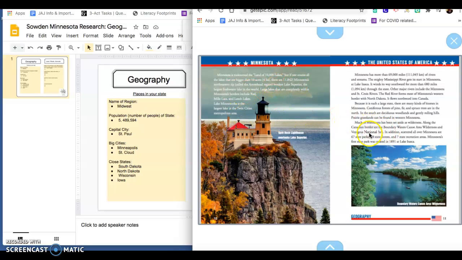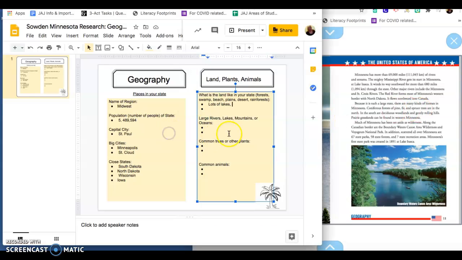So I'm going to skim it. Much of Minnesota has been set aside as wilderness. That's kind of the woods. So there's lots of woods, and here it says forests of pine, fir, and spruce. So it has lots of pine trees in the north. Forests of pines.